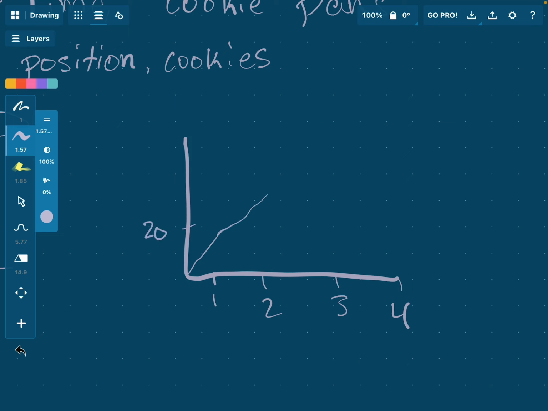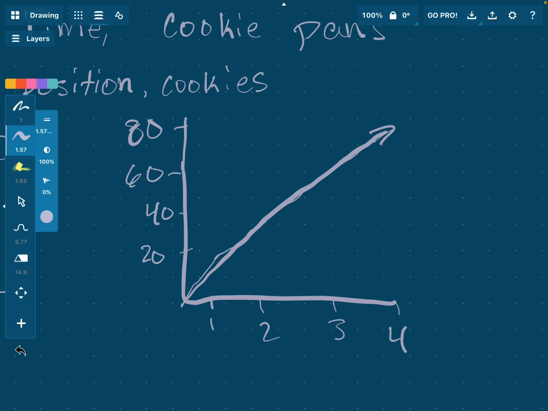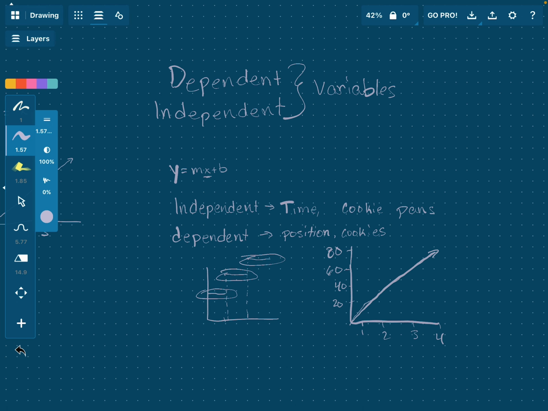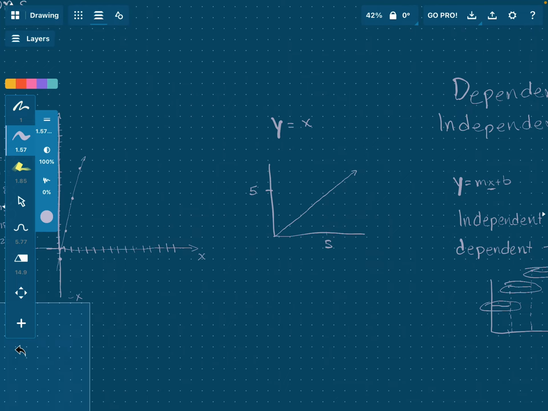If we have 2, we can make 40. If we have 3, we can make 60. And if we have 4, we could make 80. So that's another example. It doesn't have to be time, but typically we will use time. But it can really be anything. So that's what a dependent variable and an independent variable are.